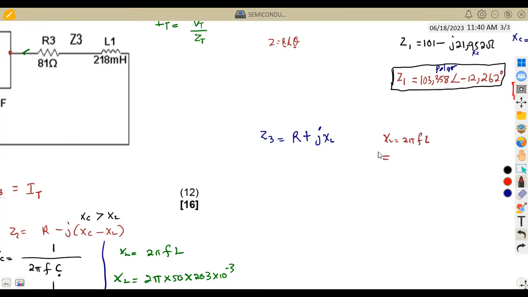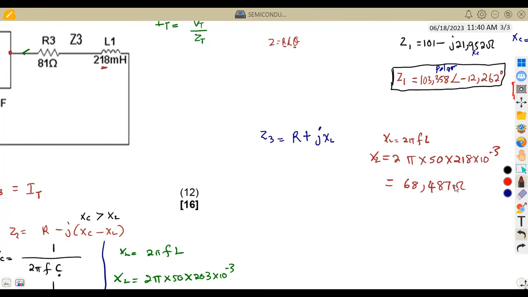So XL is equal to 2 pi times the frequency, which is 50, times the inductance, which is 280 times 10 to the exponent of minus 3, since it's in millihenries. This gives us 68.487, measured in ohms.